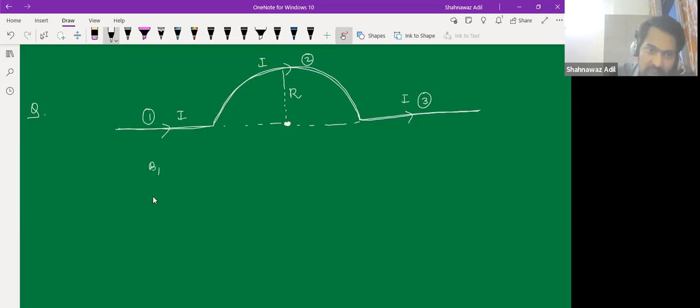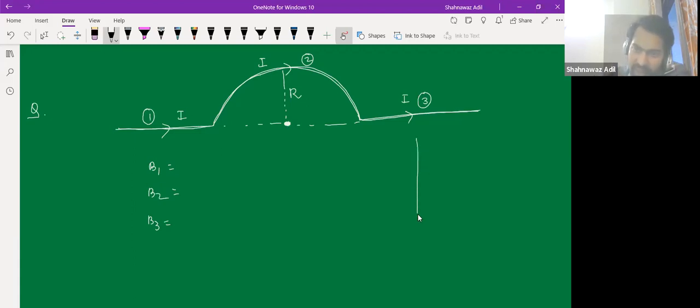So there would be one magnetic field, two magnetic field, and three magnetic field. And you see that these are straight wires. One and three are straight wires. And these are along the line, so we are calculating the magnetic field along this line.